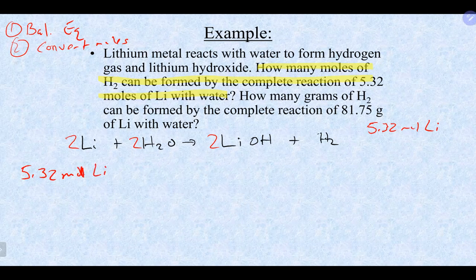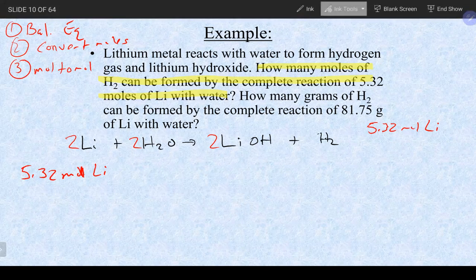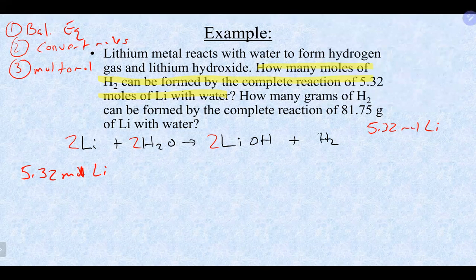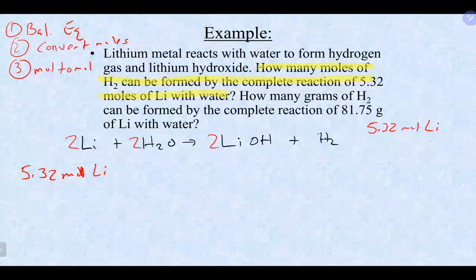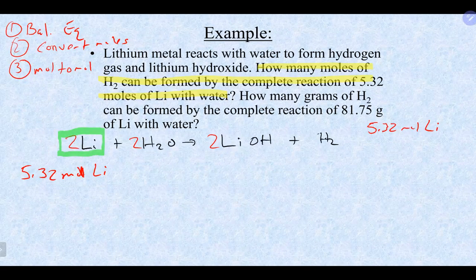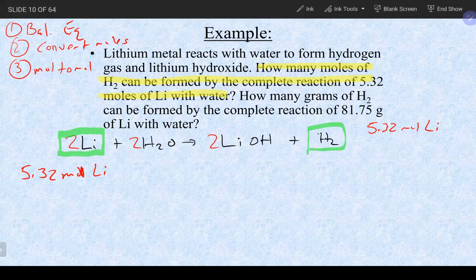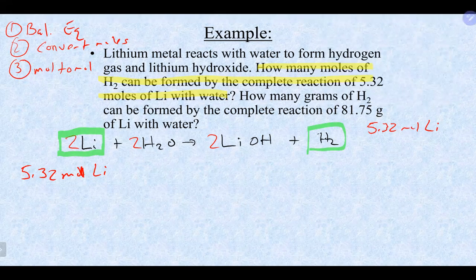The next step is the stoichiometry step, which is the mole to mole relationship. That comes directly from the balanced equation. So you want to find the 2 things you're interested in. One is what they gave you, in this case lithium. The other is what you're trying to find, which in this case is H2, over here. From that, we get the mole to mole relationship, which is nothing more than the coefficients.